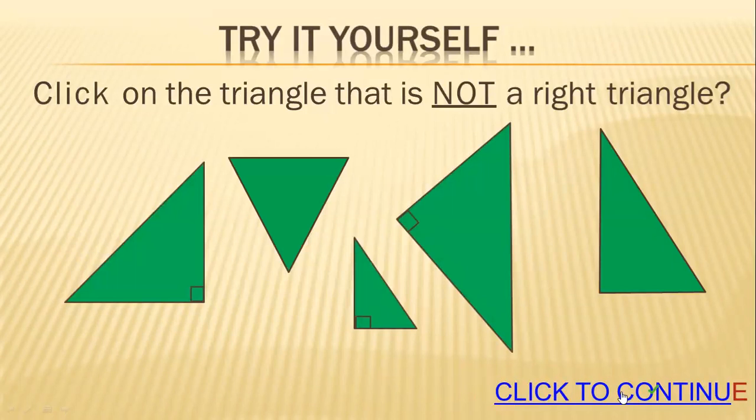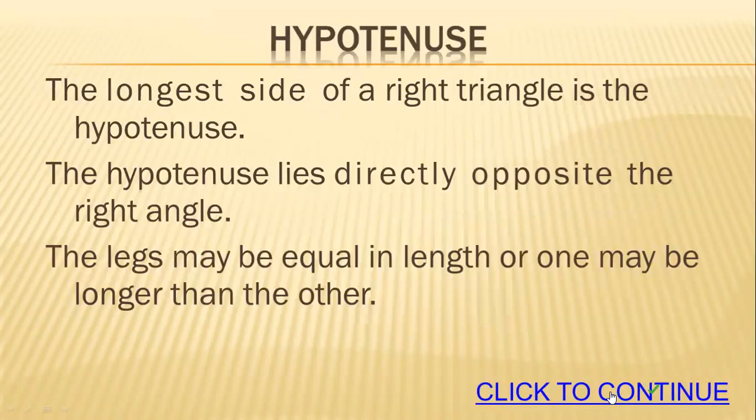Okay, so please read this one. The hypotenuse: the longest side of a right triangle is the hypotenuse. The hypotenuse lies directly opposite the right angle. The legs may be equal in length or one may be longer than the other.